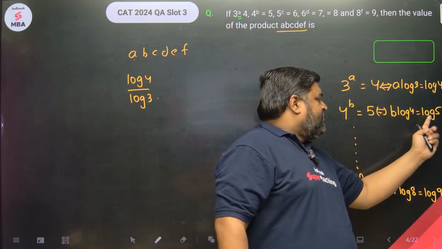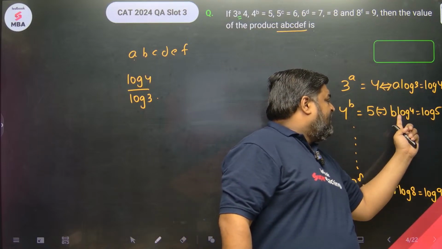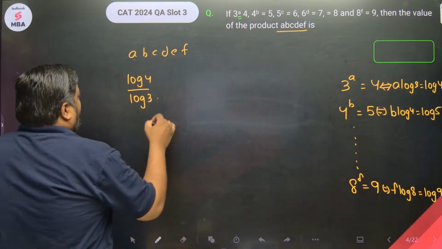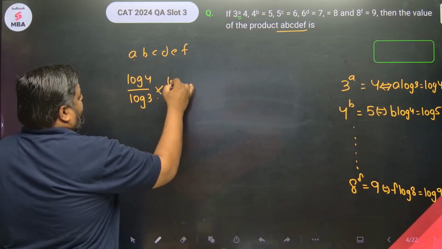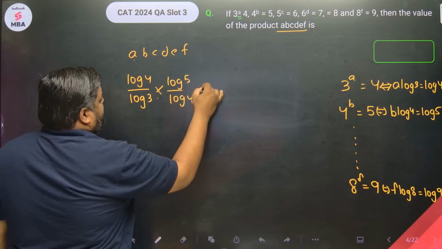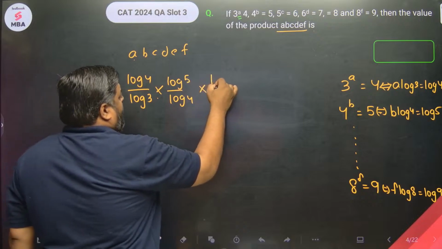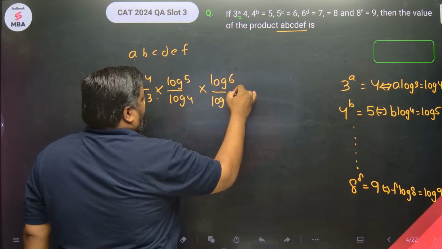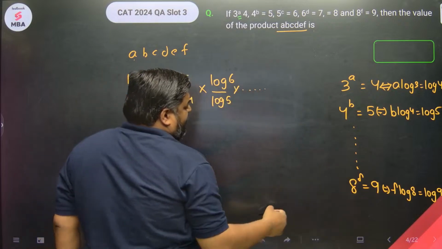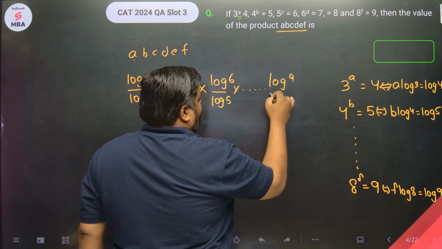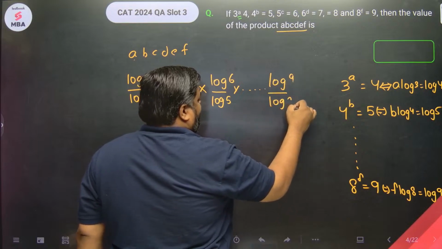From this equation, b can be written as log 5, log 4 को नीचे लेकर चले गए. Similarly, c would be log 6 upon log 5. Put in the values. The last value would be log 9 upon log 8.